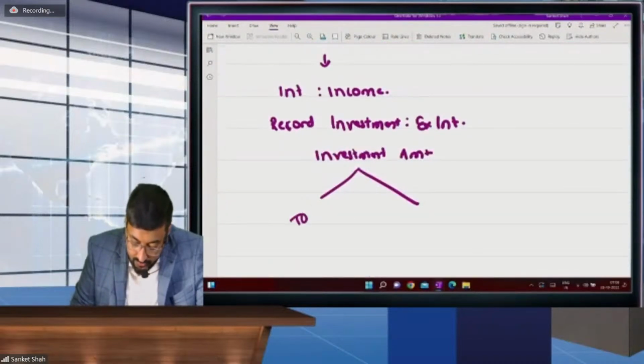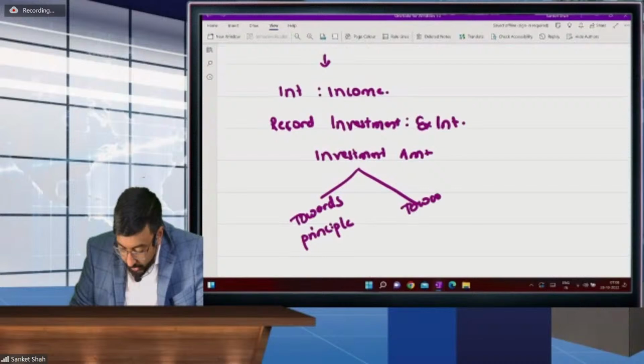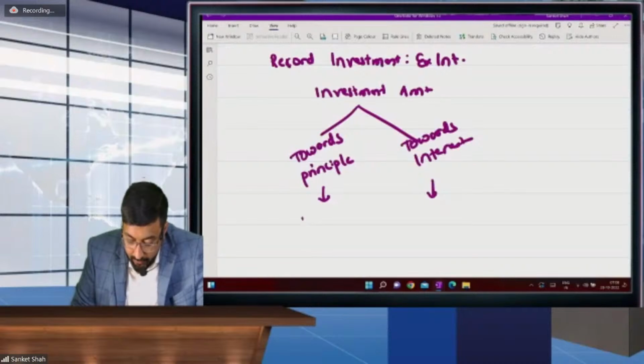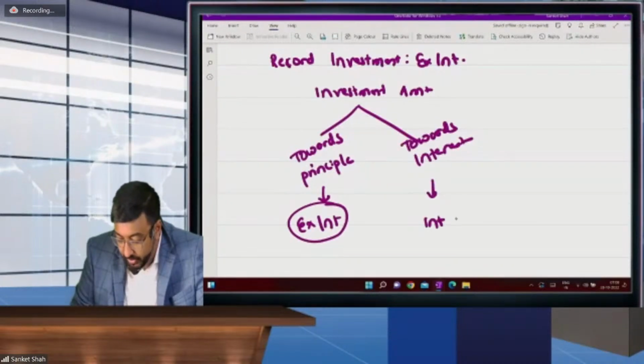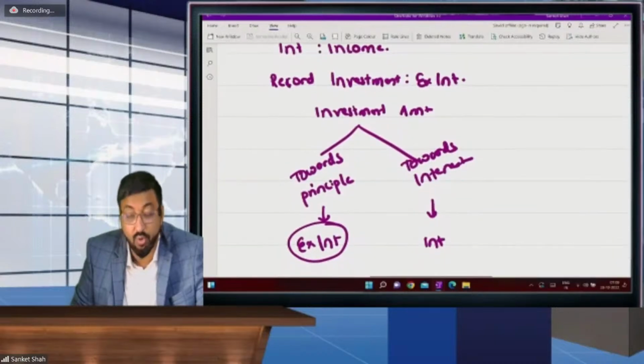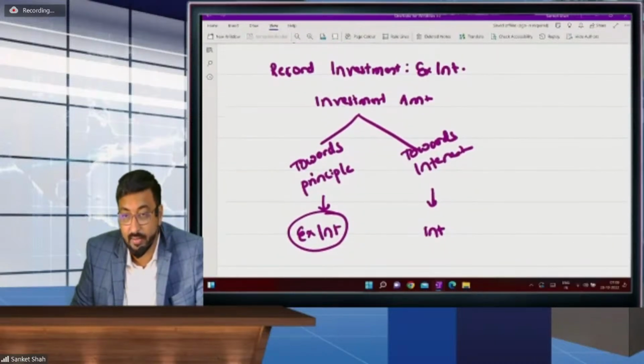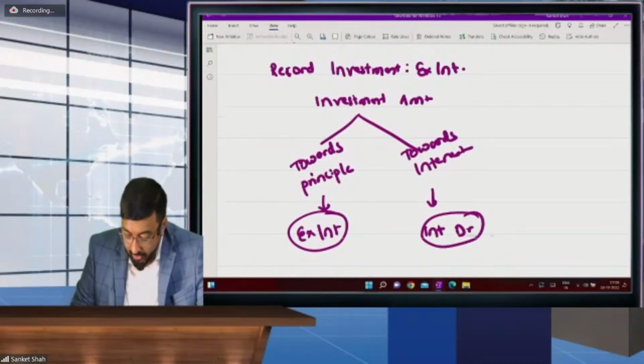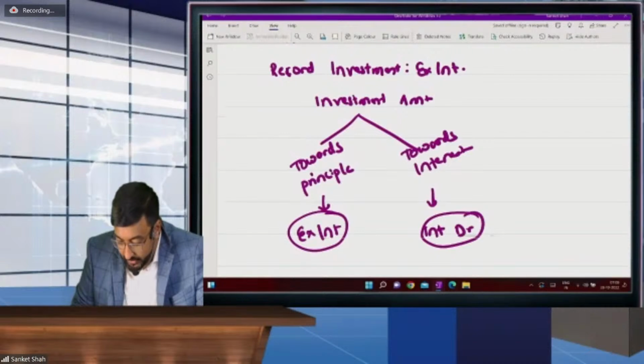One towards principal and the second one towards interest. Towards principal, you will record it at ex-interest, and whatever interest you paid to the previous owner, that interest will be shown on the debit side separately. And yes, the total of these two is called cum interest.